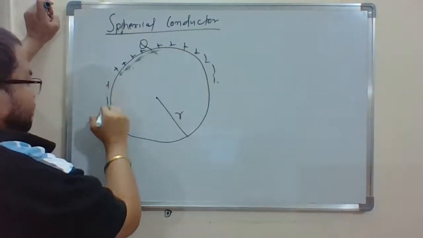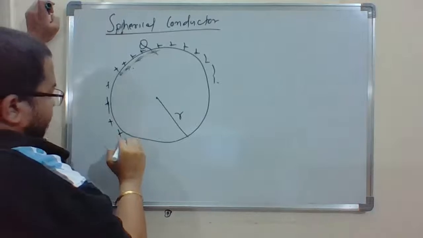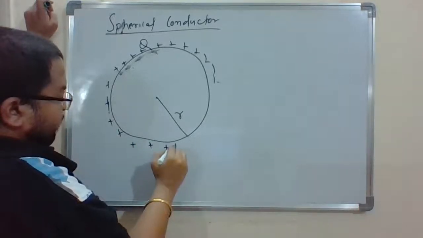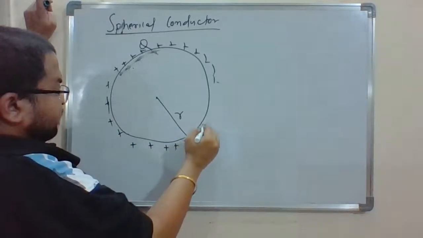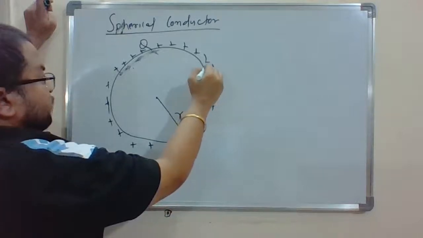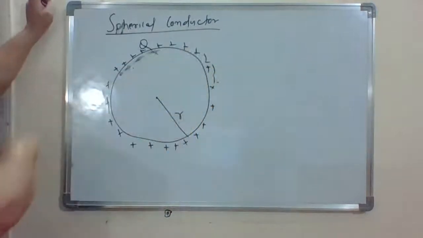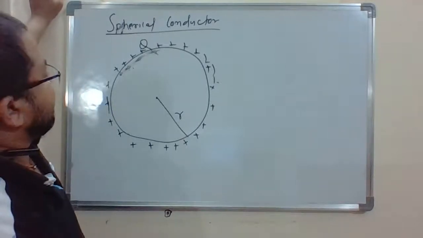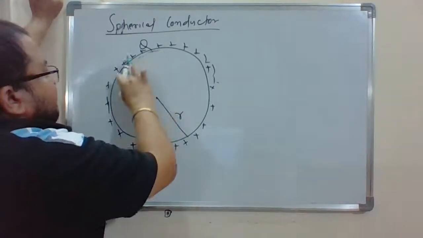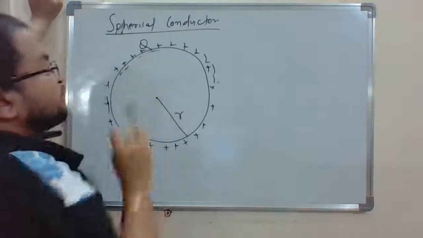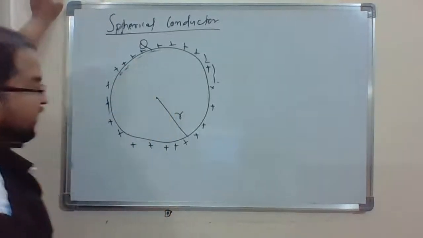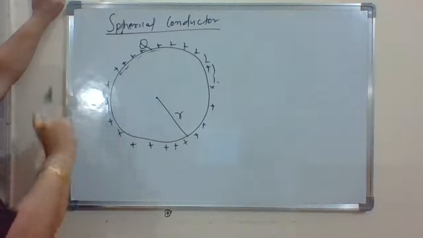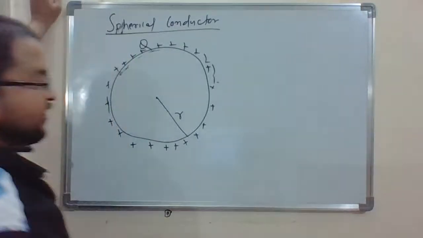And as it's a uniform capacitor, your charge distribution will also be uniform. Whether or not charge distribution is uniform, we know that charge will have got distributed on the surface of the capacitor. Now we want to find out what is the capacitance of this spherical capacitor. And after we derive it, we would see something very interesting right here.